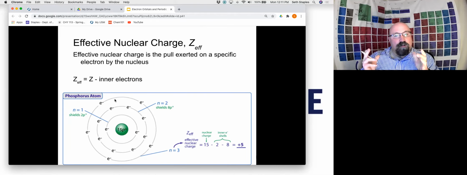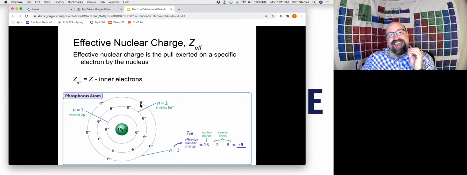The outer electrons are shielded by the inner electrons, and that should just make sense, because electrons are negative. If we're thinking about the effective nuclear charge on this electron right here, there are 1, 2, 3, 4, 5, 6, 7, 8, 9, 10 electrons in between this electron and the nucleus. And so those 10 electrons are going to shield this one from the nucleus.